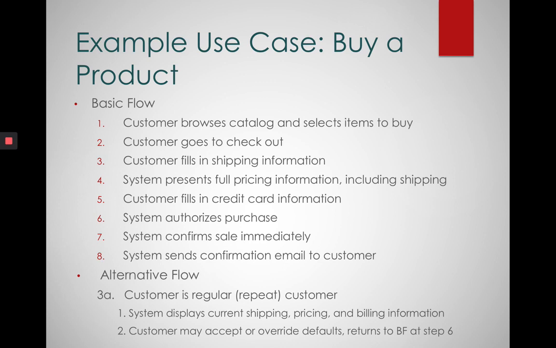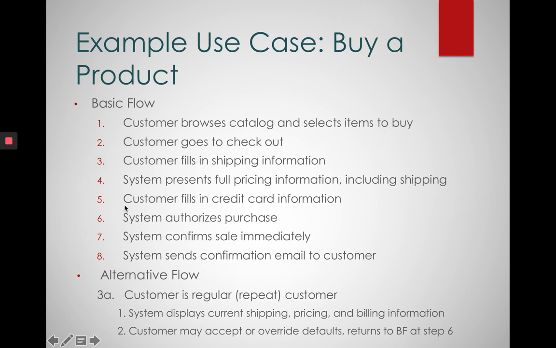So we have the basic flow, and then we have the alternative flow. It shows the condition when this alternative flow is executed, that the customer is a repeat customer. In that case, it goes in at step 3A, meaning instead of the customer filling in the shipping information, it does these things. The system displays the saved information, the customer may accept or override those, and then returns to the basic flow in step 6.